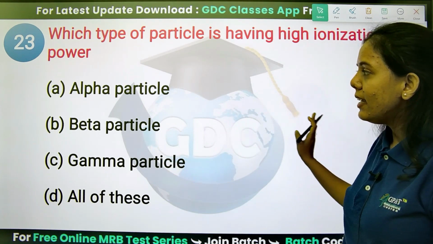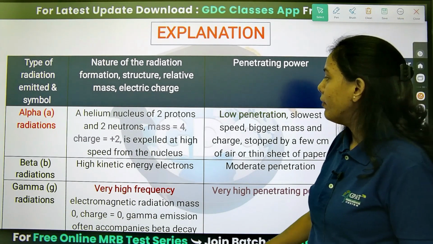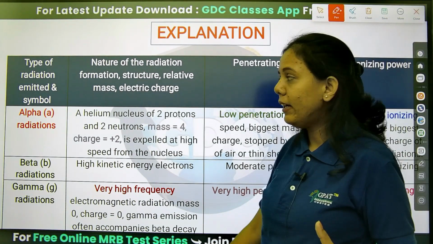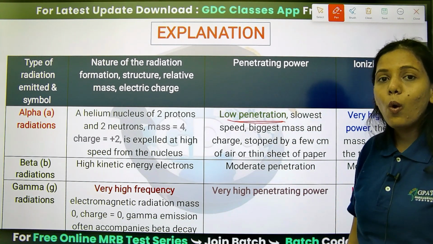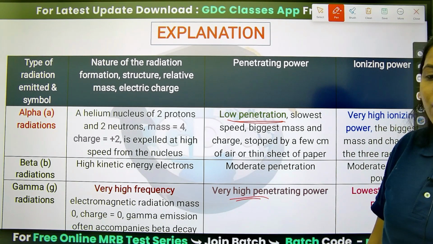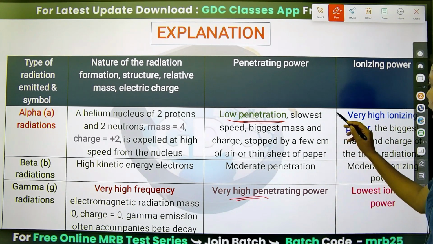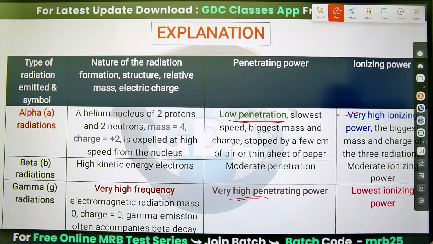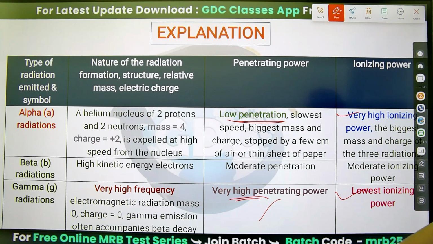Gamma has the least, whereas alpha has the highest ionizing power. But remember, it is opposite to penetration. Alpha radiations have low penetration power, whereas gamma radiation has very high penetration power. The ionizing power is opposite: low penetration, high ionizing power, and high penetration, lowest ionizing power.